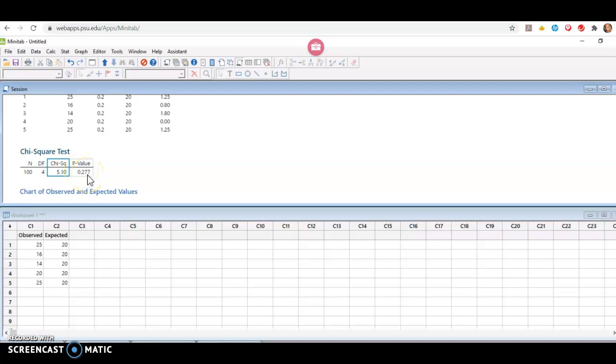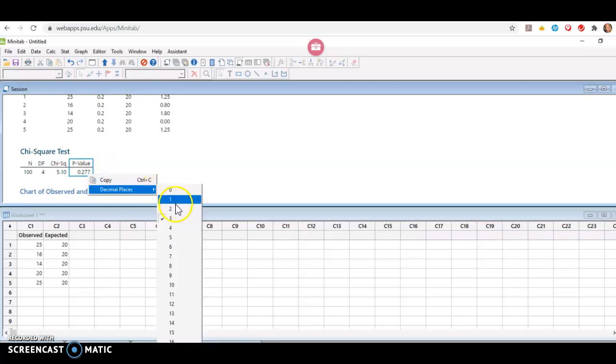And obviously that's quite a large p-value, much greater than the level of significance given. So we're going to fail to reject. But in this particular problem, it's wanting me to give my p-value rounded to 4 digits after the decimal point. So I'll right-click here, choose decimal places, and then move this down to 4. And I can see my p-value is 0.2772.